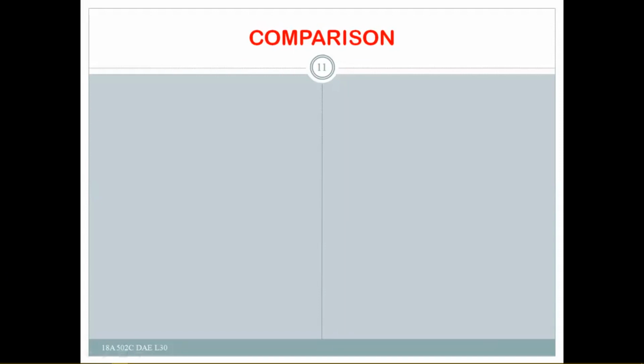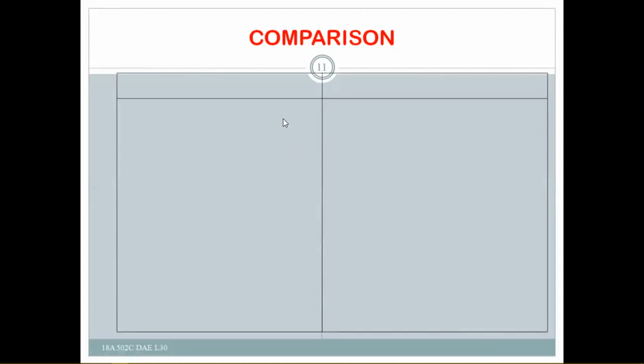It looks just like the governor function, but it is completely different from the governor. Let us see the differences between the flywheel and the governor.